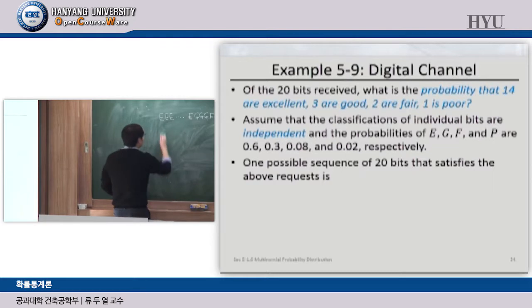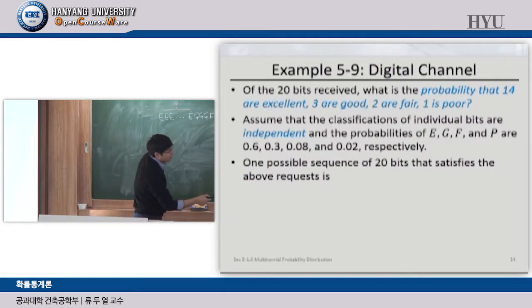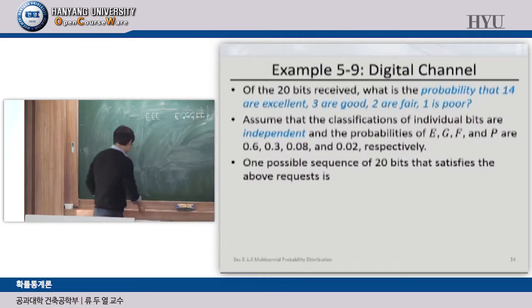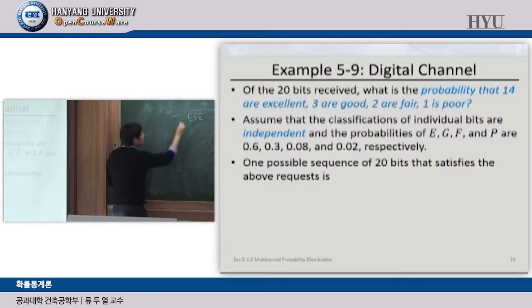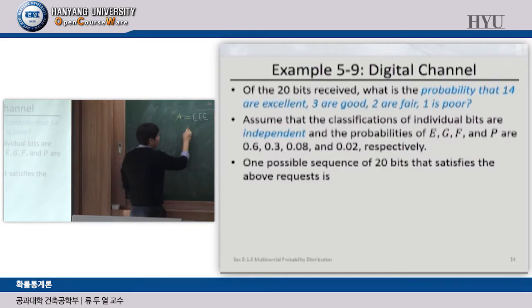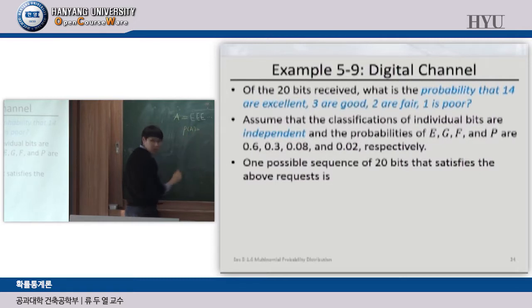The number of excellent is 14, right? Because in the example, 14 are excellent and 3 are good. These are 3, these are 2, and this is 1. If we call this sequence A, what is the probability of A?